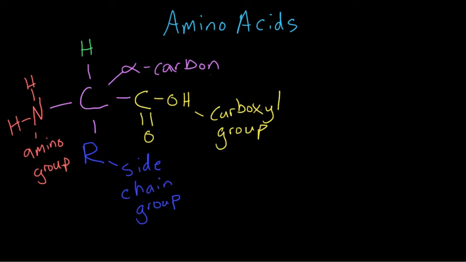Now, this isn't exactly what amino acids look like in the body, because in the body we have a pH of 7. And when the pH equals 7, like it does in the body, here's what this actually looks like. This carboxyl group loses this hydrogen, so we're going to delete that there, and it remains like this.